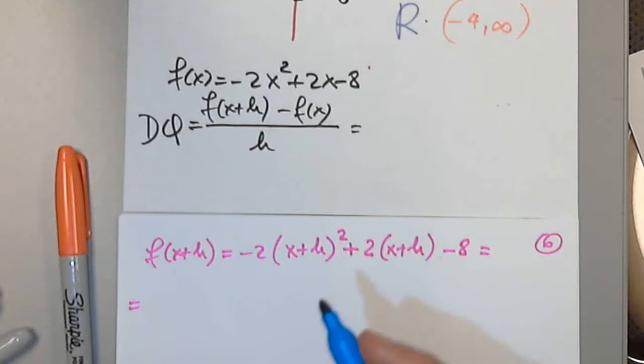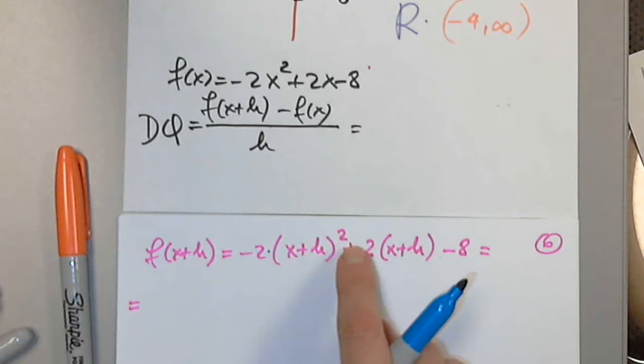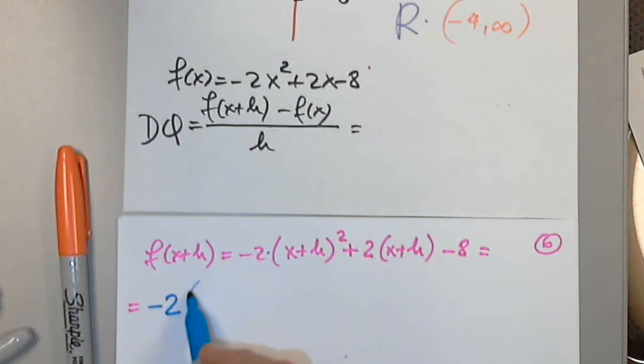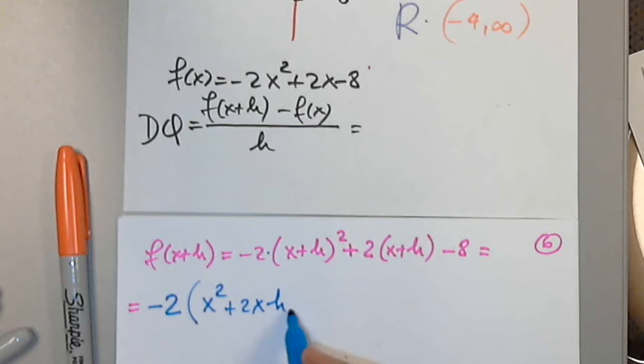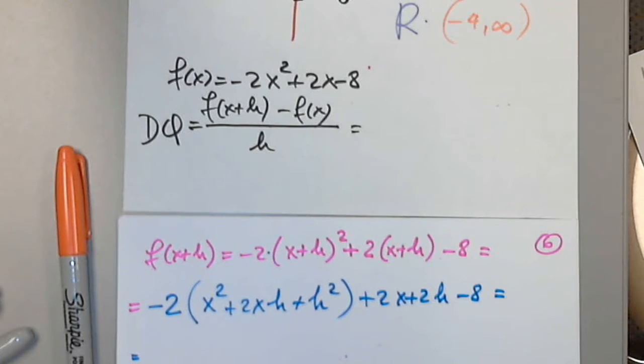See, there is a product here, but -2 is not touched by the 2 at the square power. -2 is alone, waiting outside. x squared plus 2xh plus h squared, plus 2x plus 2h minus 8.